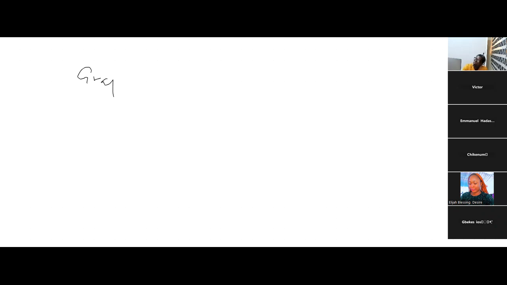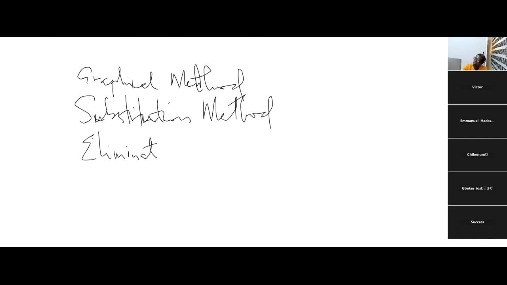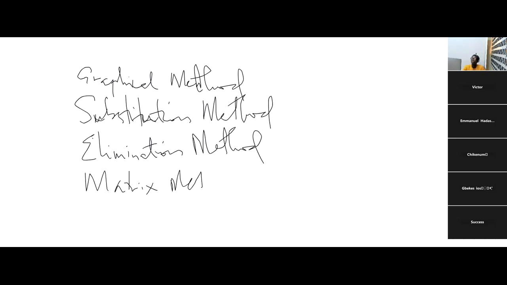We have substitution method. We have elimination method. And we have matrix method.